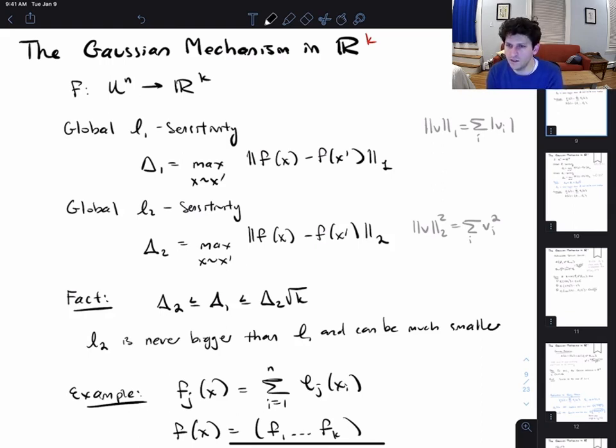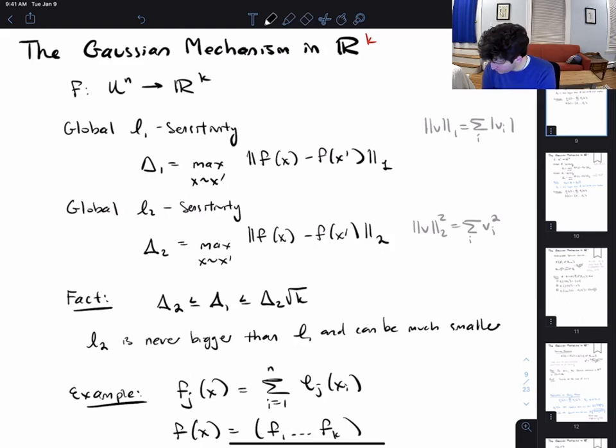The famous Cauchy-Schwarz inequality says that the L2 sensitivity is never bigger than the L1 sensitivity. But in turn, the L1 sensitivity can't be more than a square root of k factor bigger than L2. So intuitively, all this says is that the L2 sensitivity is never bigger than L1, but it can be much smaller by a factor of about square root k.